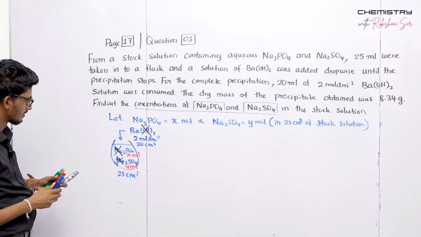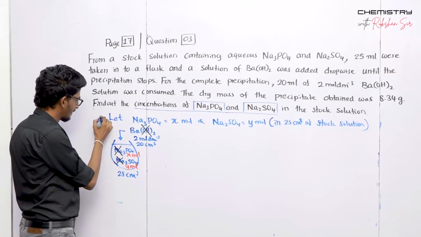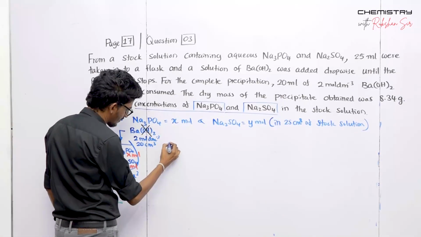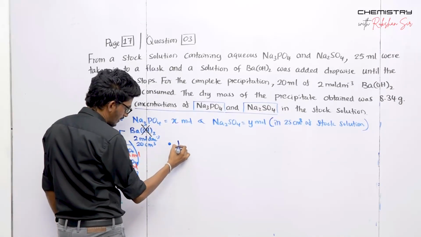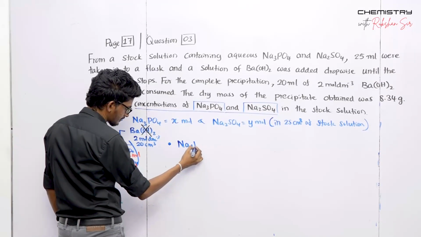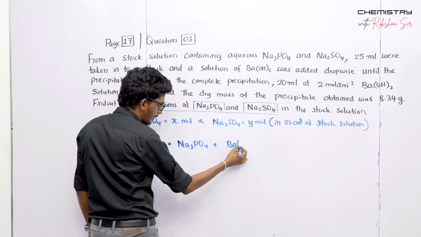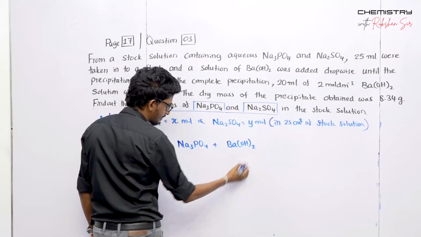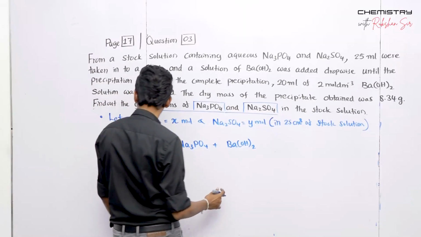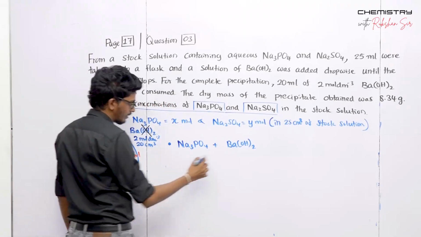Okay, let's try the two reactions then. So sodium phosphate reacting with barium hydroxide. Let's try to balance the stuff.